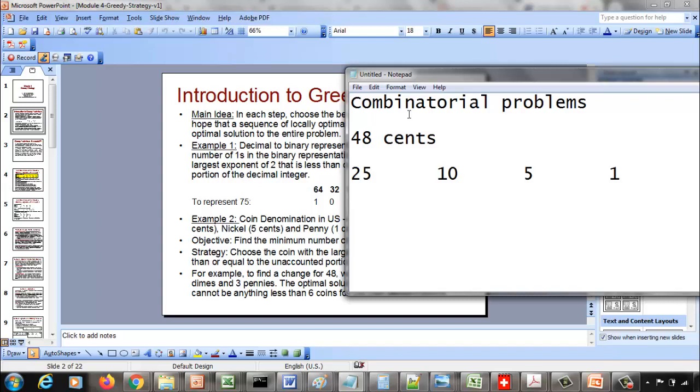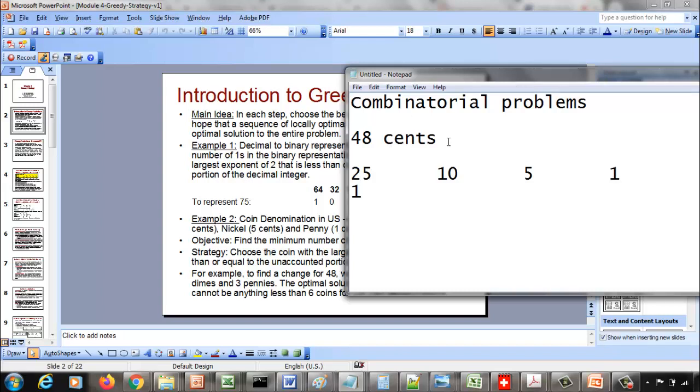As a greedy approach, it looks like if I go with as many 25-cent coins as possible, I can minimize the number of coins. Let us try that. You cannot pick 2 25-cent coins because that will be 50 cents, and you want to give change for only 48 cents. So you can pick only 1 25-cent coin.